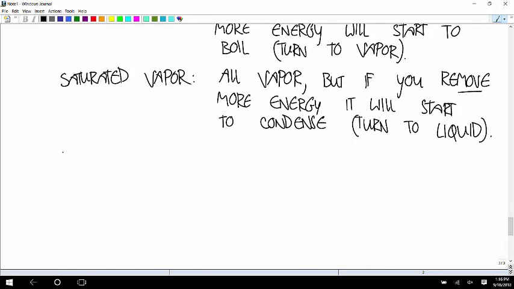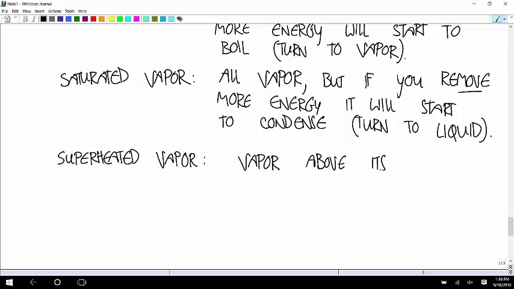One more thing, the superheated vapor. That just means any vapor above its boiling point. And we're not very familiar in everyday life with superheated vapors, even though we boil water all the time in the kitchen.